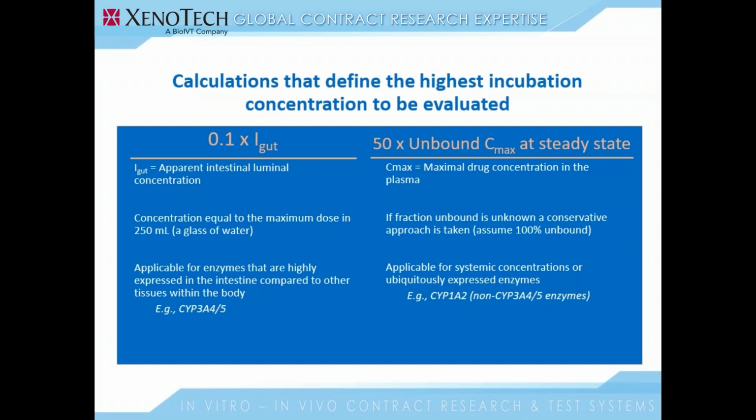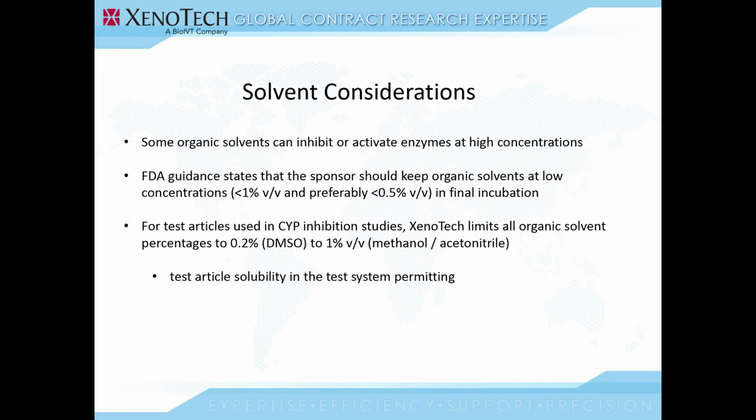So once the concentrations are determined, there are several considerations regarding the solvent used to dissolve the test article. Some organic solvents can inhibit or activate enzymes at high concentrations, causing a false result. FDA guidance states that the sponsor should keep organic solvents at low concentrations, less than 1% per volume, and preferably less than 0.5% in the final incubation.